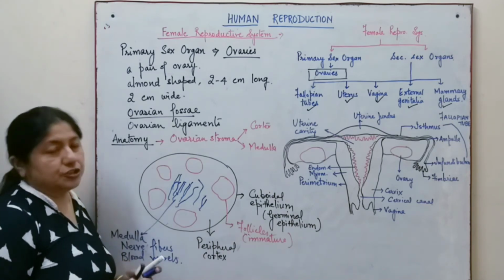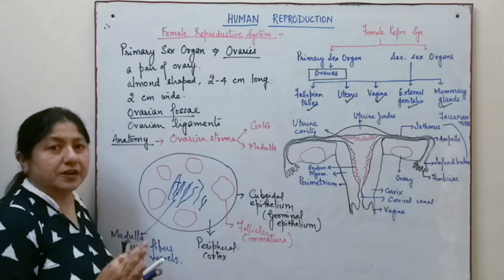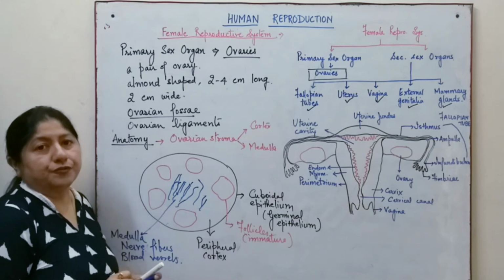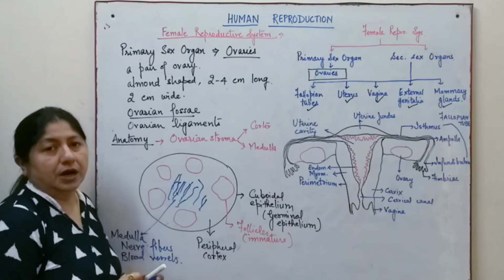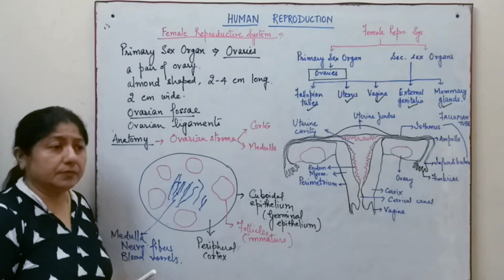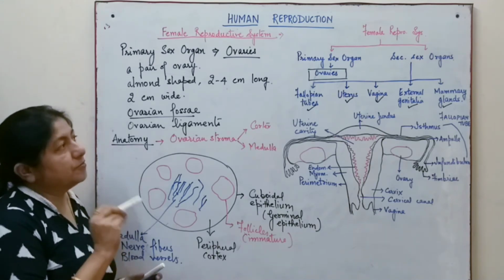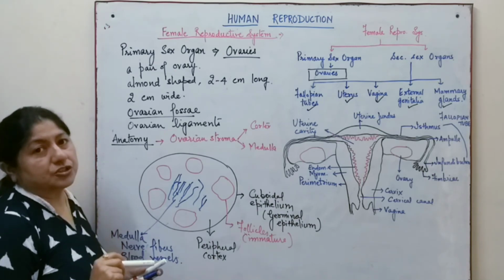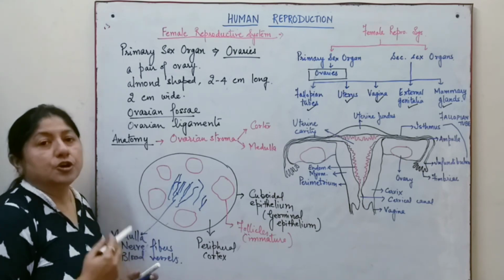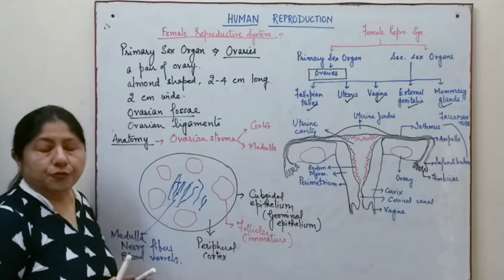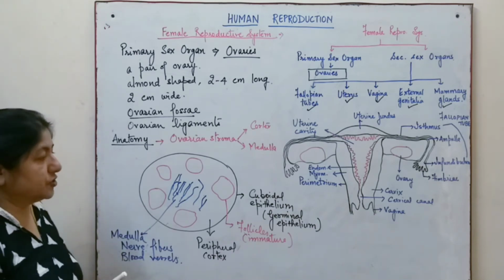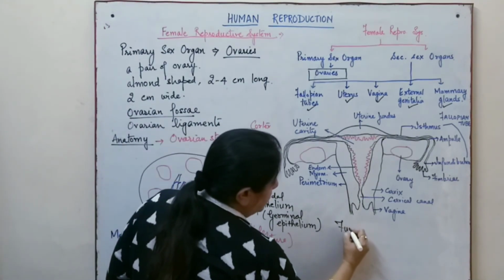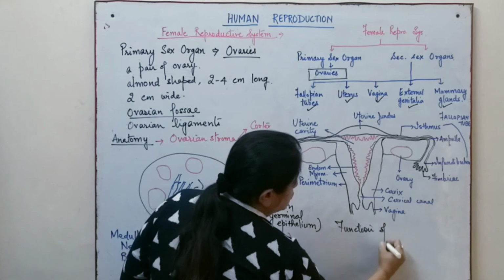When we talk of the functions of the ovary, as it is the primary sex organ, the main function is the formation of the ova, the female oocyte. This female gamete is formed in the ovary, whereas the second important function is the production of hormones. Two major hormones produced by the ovary are estrogen and progesterone.